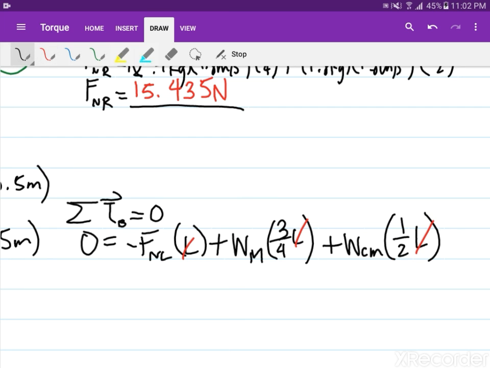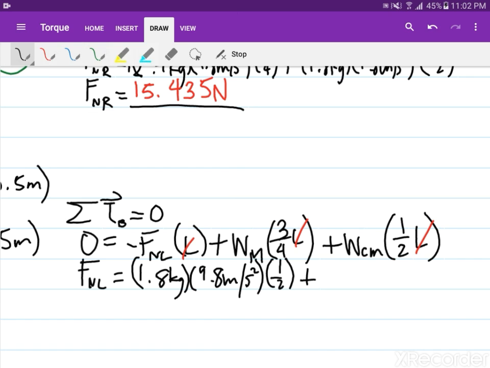We can solve for F N L. Okay, so F N L now is 1.8 kilograms times 1/2 plus 2.7 kilograms times g times 3/4.